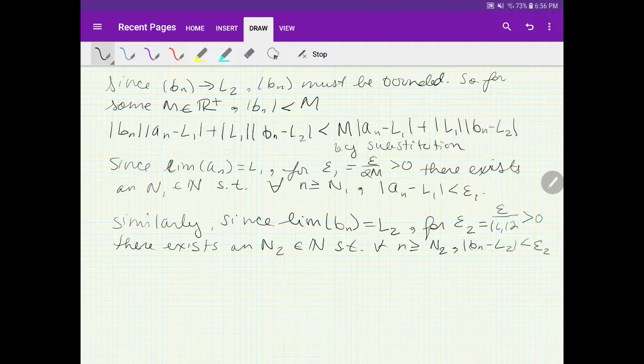Whoops, this should be epsilon 1. So we have a sub n minus L1 is less than epsilon 1, and b sub n minus L2 is less than epsilon 2.